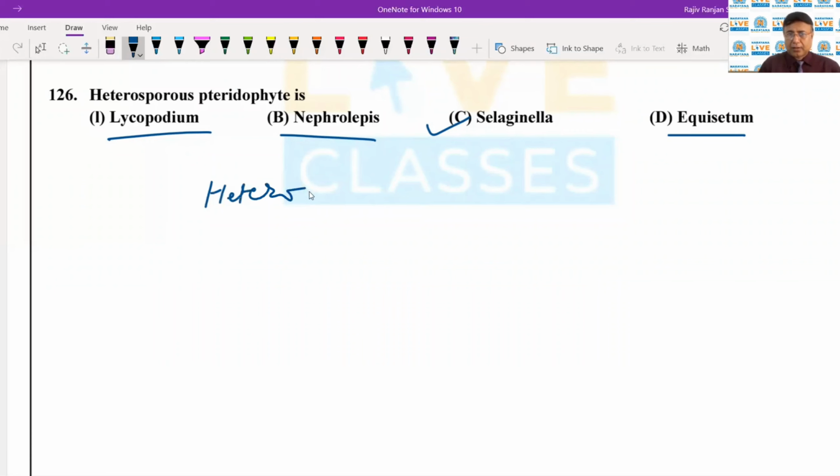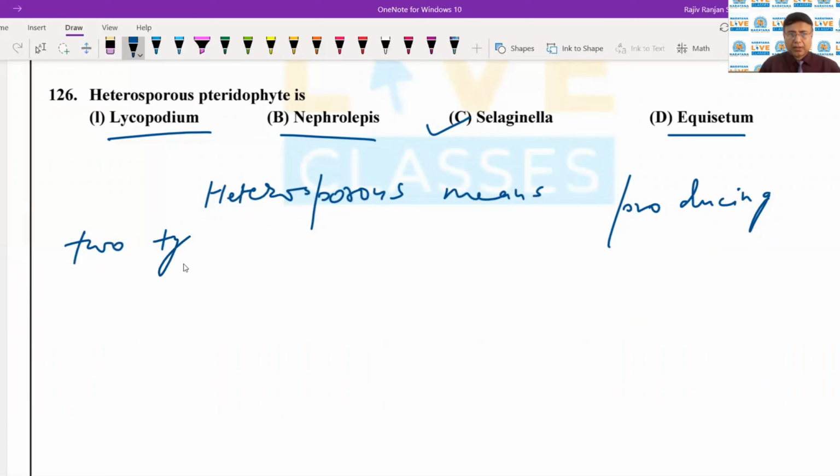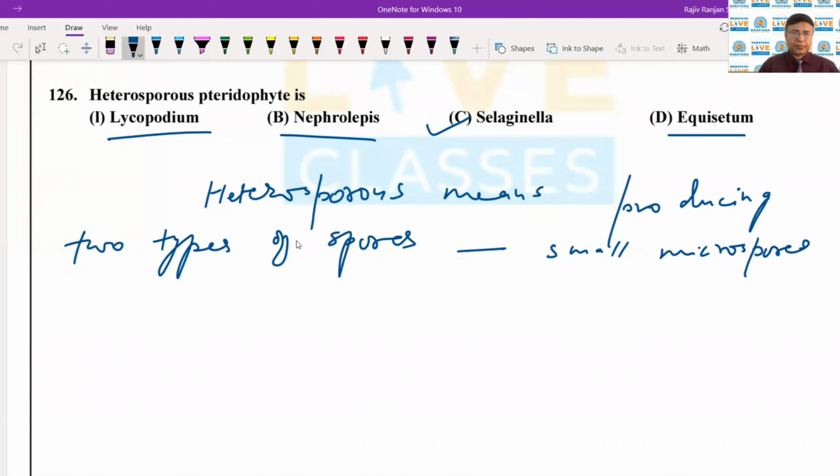Heterosporous means producing two types of spores, sorry, not gametes. A small microspores and the larger megaspores.